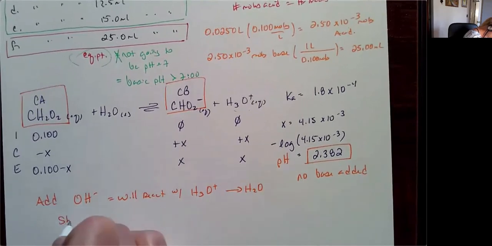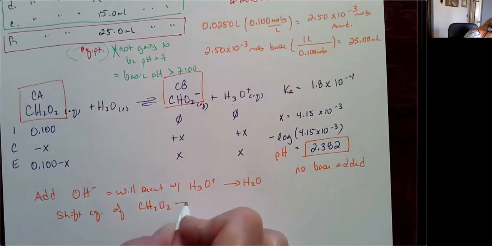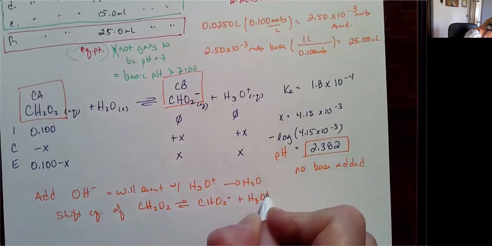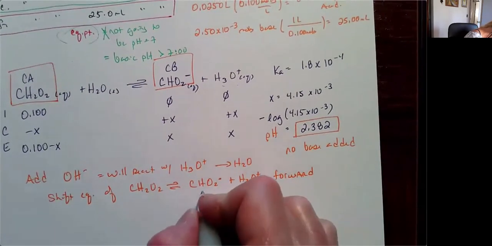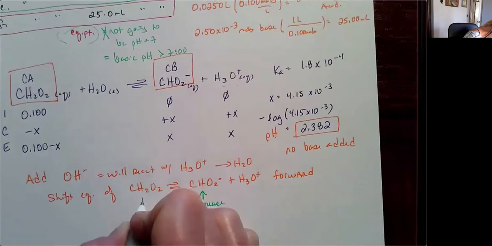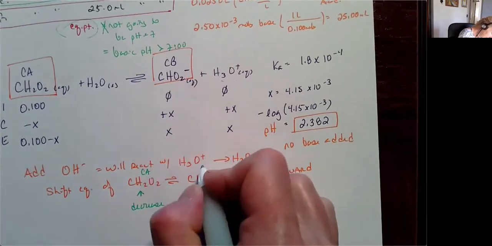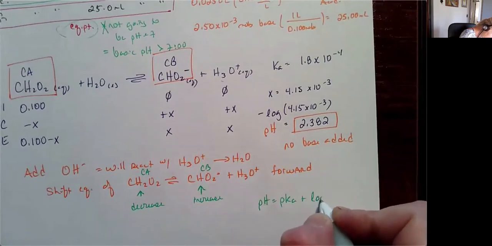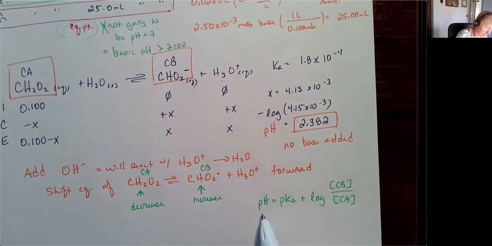That's going to shift my equilibrium of CH2O2 to CHO2 minus plus H3O plus forward, so I'm going to produce more of this. This will increase, and this is going to decrease. So I'm going to look at my conjugate acid and conjugate base, put it into pH equals pKa plus log of conjugate base over conjugate acid, and solve for my pH.